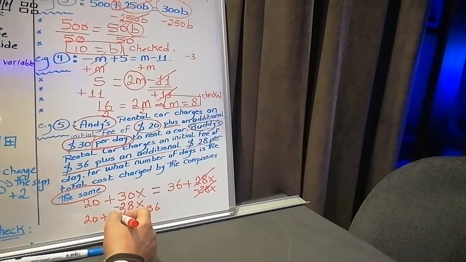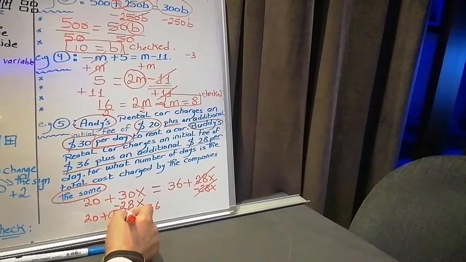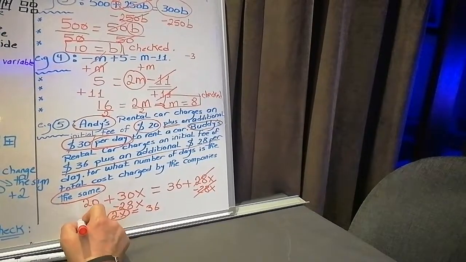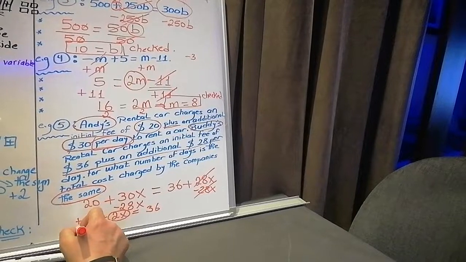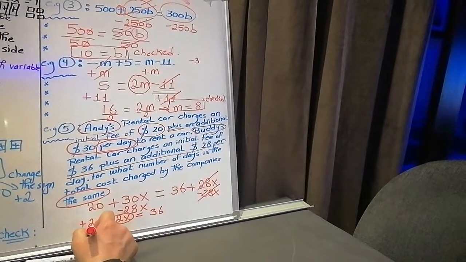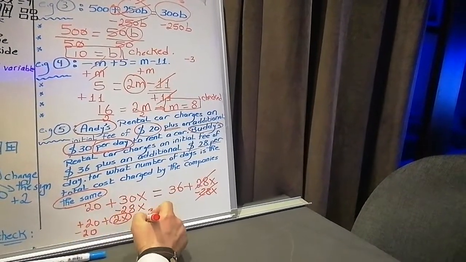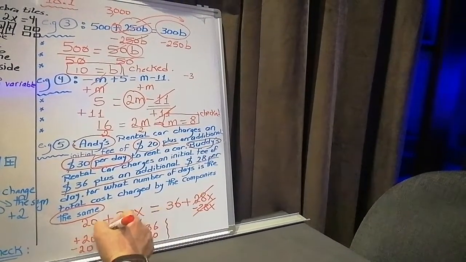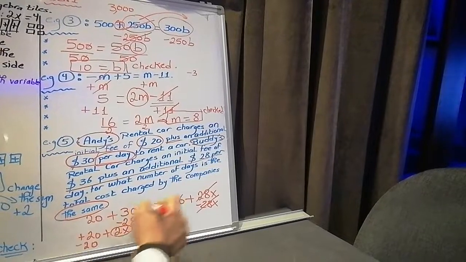So simply I have here to isolate the variable, which is 2x. I have a positive 20, so I will use the inverse operation. Even though it is positive, the inverse operation is negative 20. But not on one side, on both sides, just to maintain the balance. So here, positive 20 and negative 20 is 0.